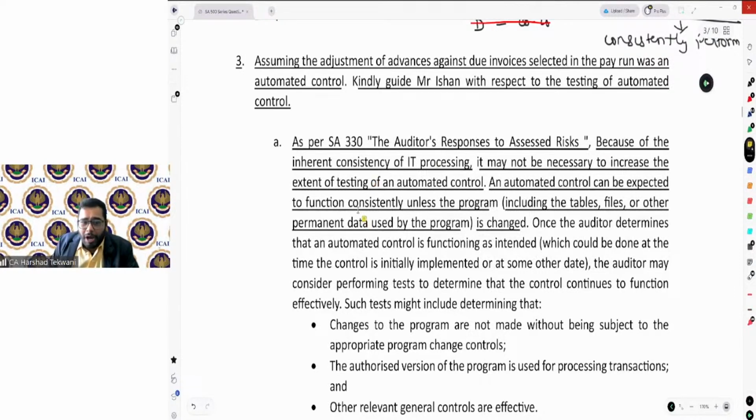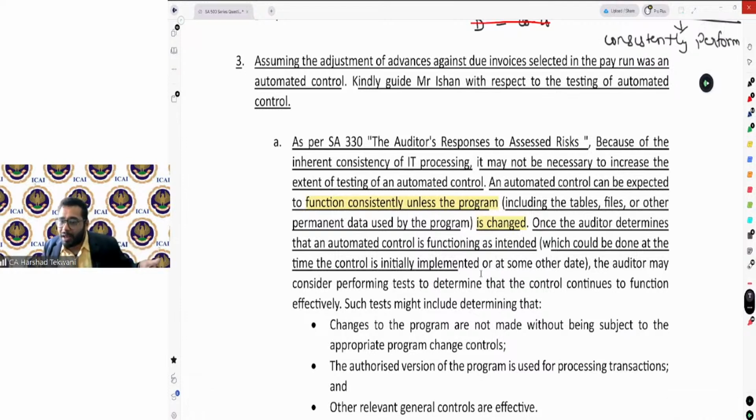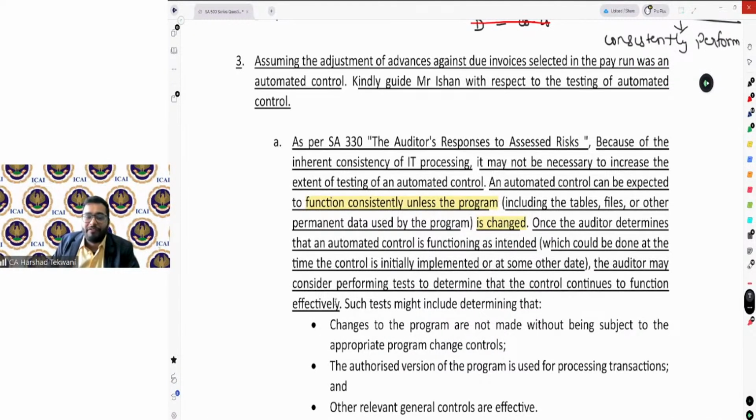Unless the program is changed, it will function consistently. Once the auditor determines that an automated control is functioning as intended, which could be done when the control is initially implemented or at some other date based on my testing, the auditor may consider performing tests to determine that the control continues to perform effectively.